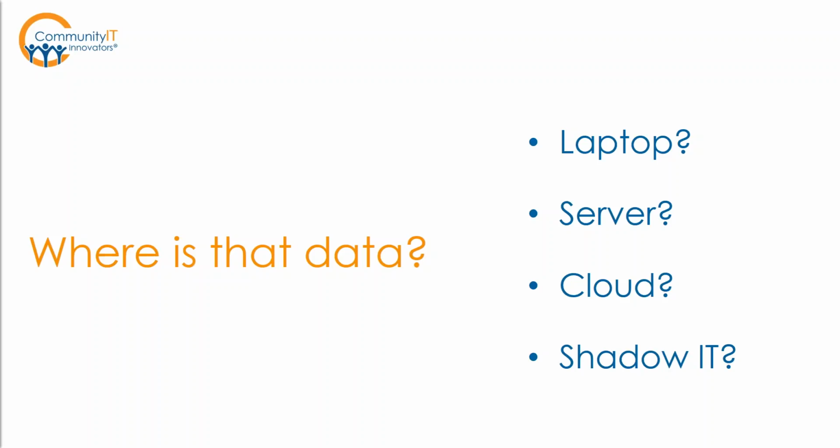I don't mean in all cases, but where there is a mobile workforce, laptops are in use oftentimes. And then we also want to mention shadow IT here. This idea that sometimes your data isn't even in places that you necessarily manage or control or even necessarily know about. Things like personal Dropbox accounts and stuff like that, where it's not necessarily sanctioned by the organization, but it is happening.